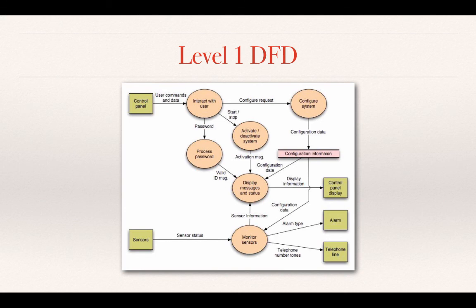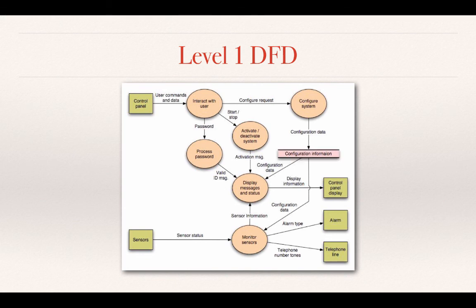So one bubble has become 6 bubbles plus a data store. The 6 bubbles are interact with user, configure system, activate, deactivate system, process password, display message and status, and monitor sensors. The data store saves the configuration information.